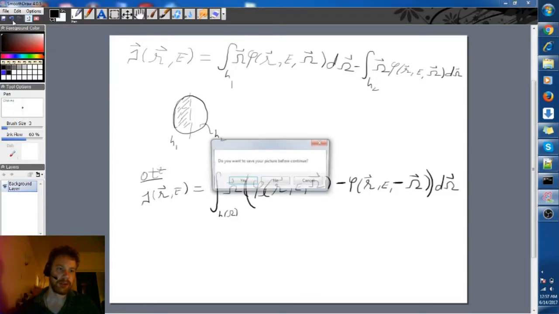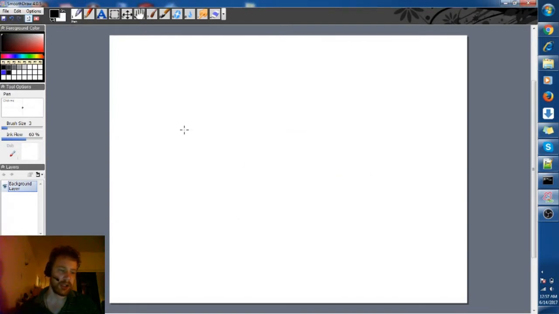Now, some things we can do with neutron current. We can find the number of neutrons passing through a surface.